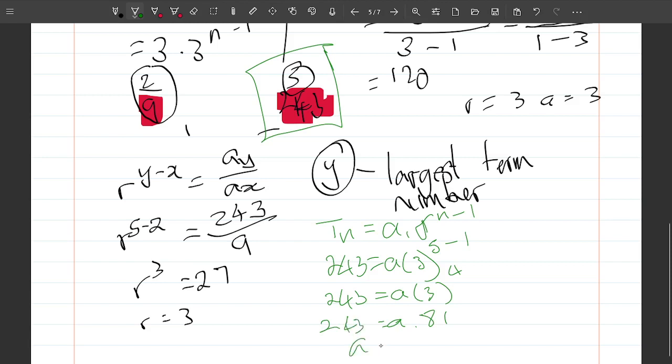And then to get a, we'll divide both sides by 81. So that's going to be 243 divided by 81, and we get a 3. We get a 3 for our value of A. That is that one done. And that's how you work with non-successive terms when you are working on geometric patterns.